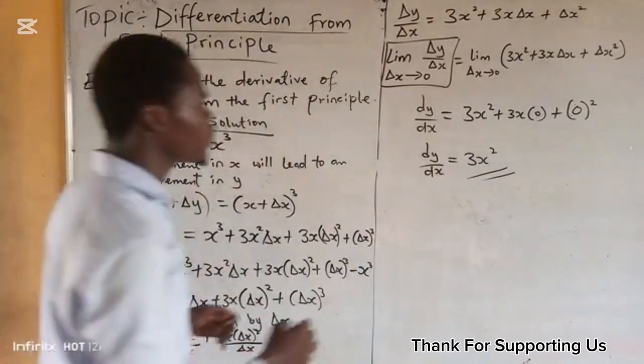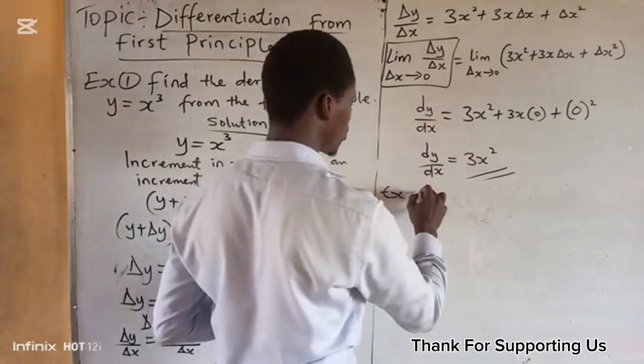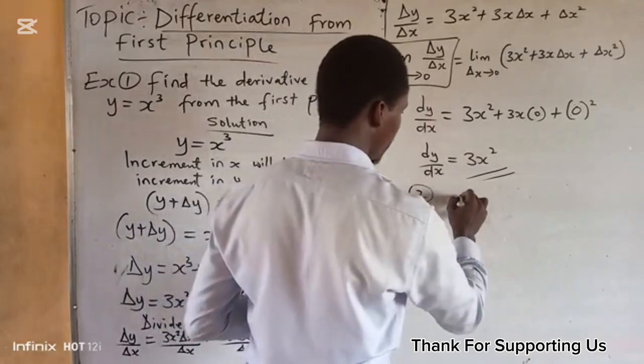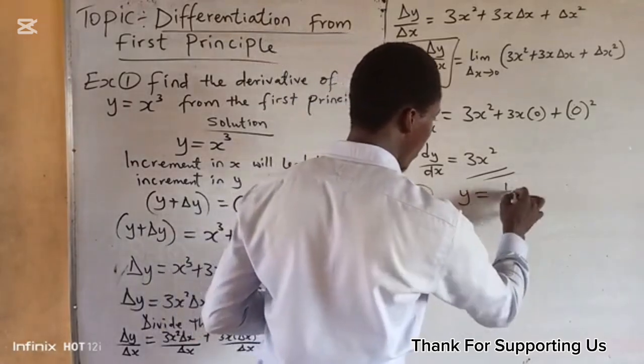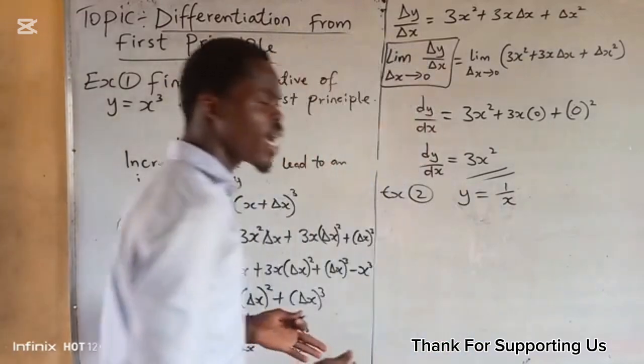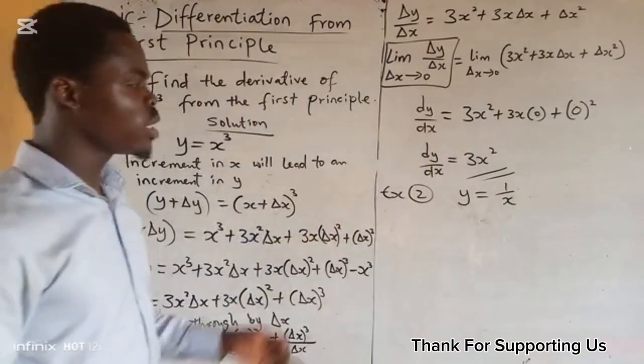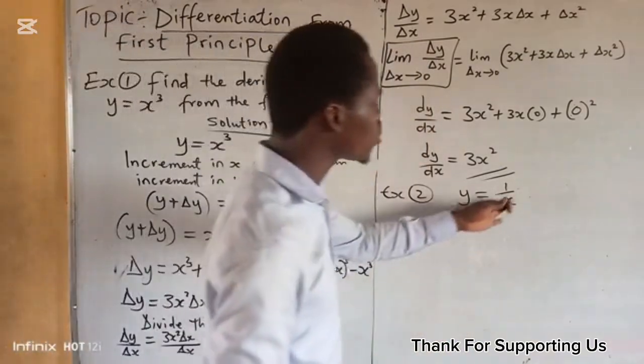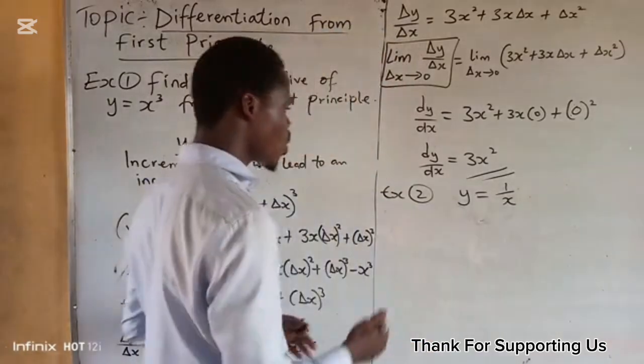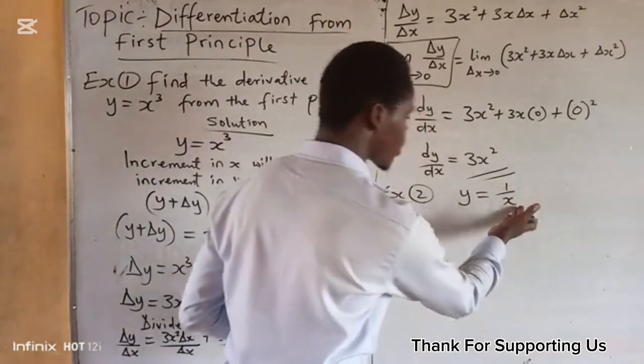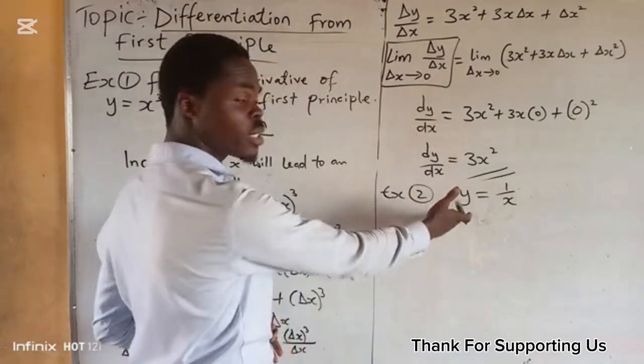One more example. Example 2. Given that y is equal to 1 over x, find the derivative. The derivative of y equal to 1 over x. Quickly, an increment in x will also lead to an increment in y.